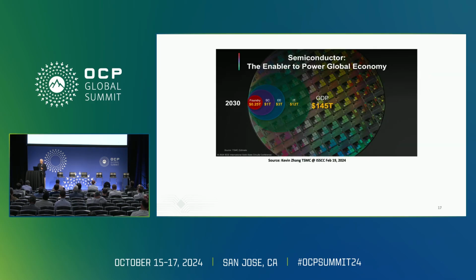So semiconductors. Our friend from TSMC looked at it and said that by 2030, GDP will be at 145 trillion, and he sees that semiconductors, chiplets, are going to be an important foundation for us to create this global economy.